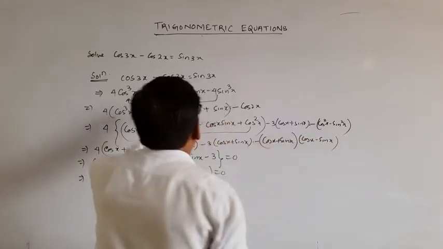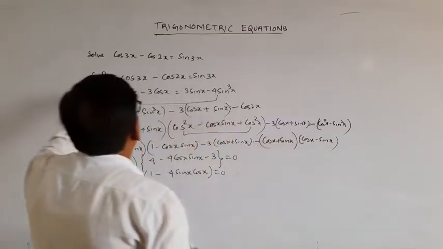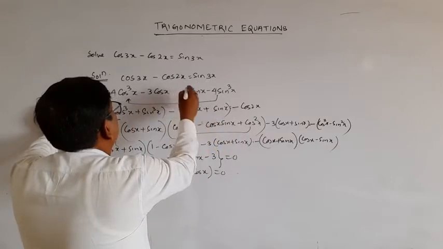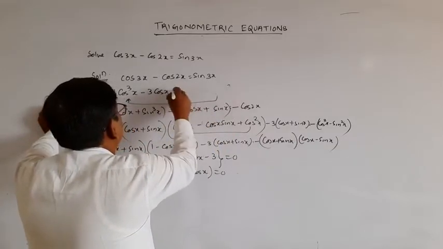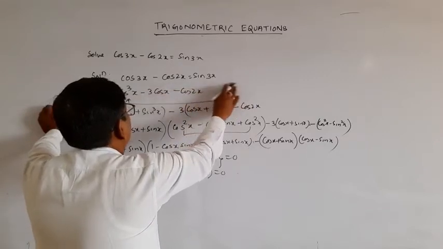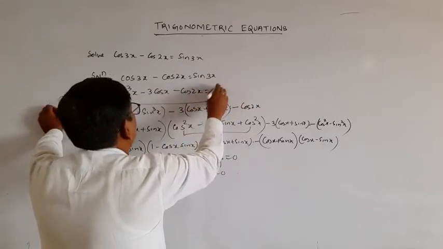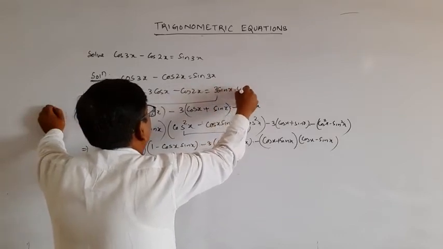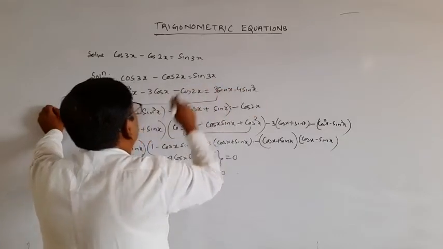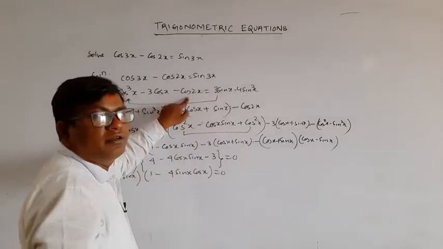This minus cos 2x is present here. So this is minus cos 2x, and the formula is 3 sin x minus 4 sin cube x. Okay, minus cos 2x is present here.